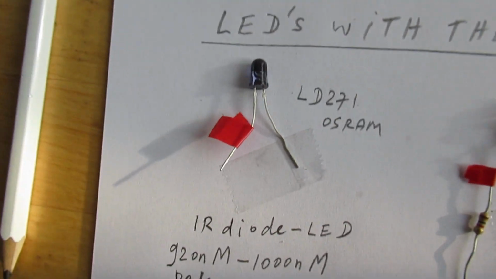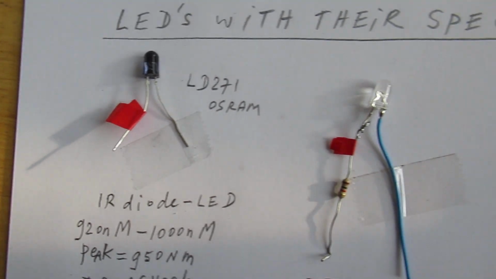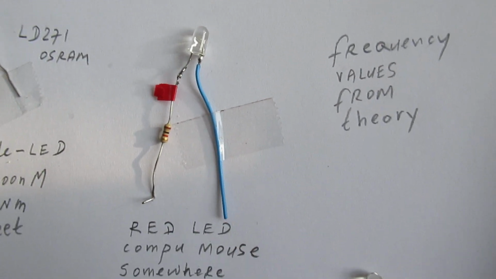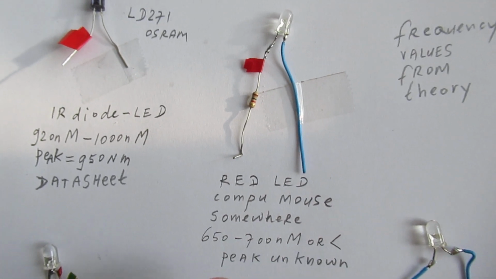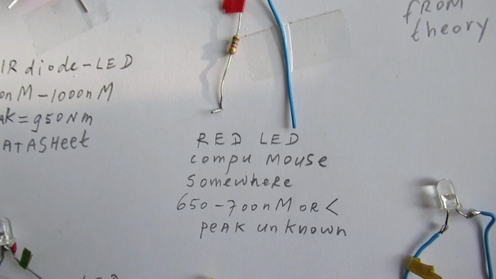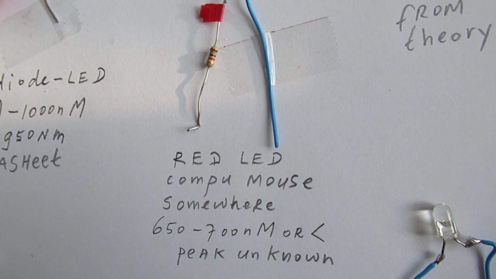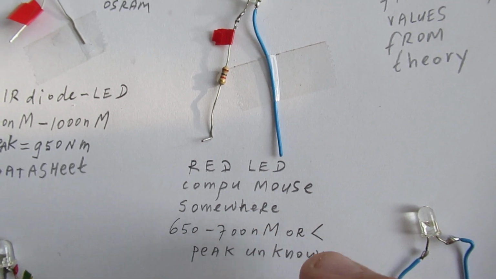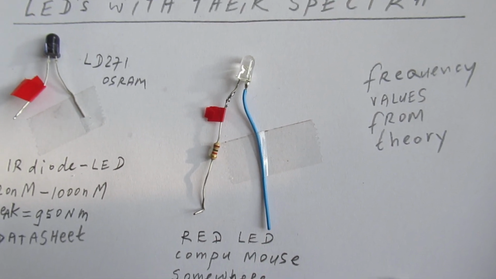Here again that infrared diode, here a red LED diode. It's out of a computer mouse. The frequency must be somewhere between 650 and 700 nanometer. Where there is a peak is unknown, but there's surely a peak.